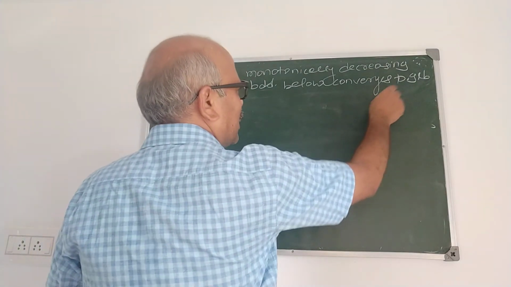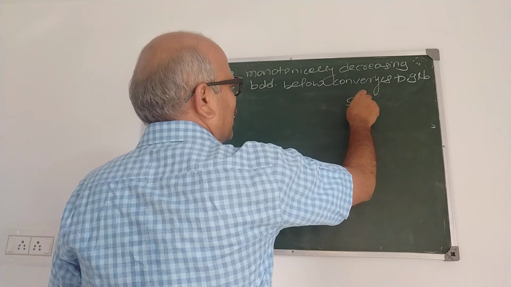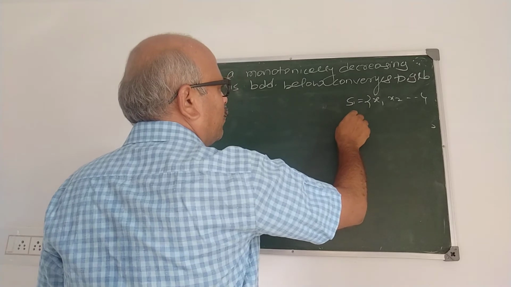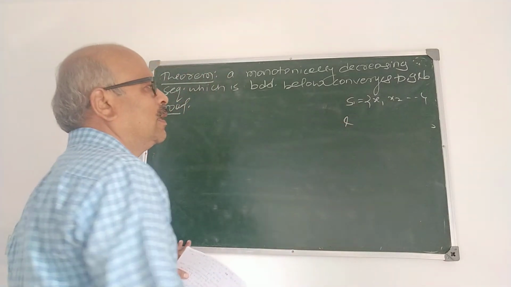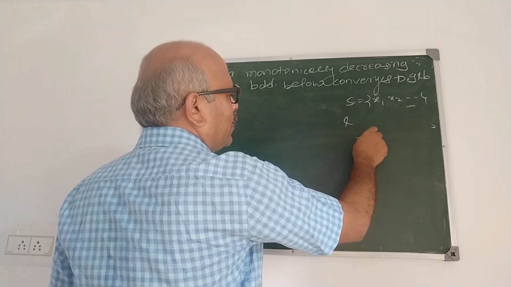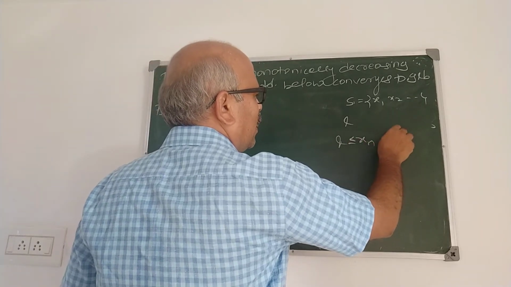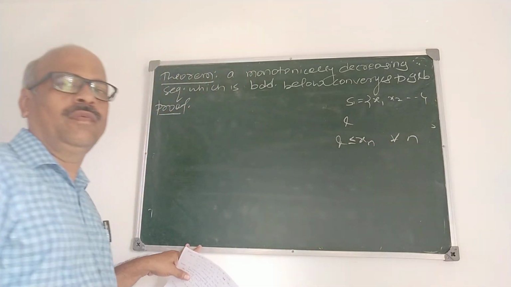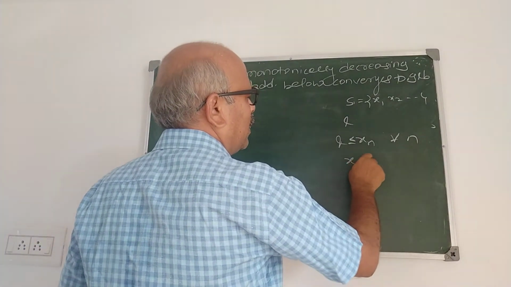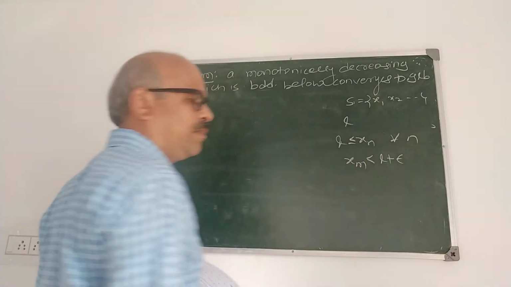Suppose S is a set consisting of x1, x2, etc. A number L is said to be the greatest lower bound of S if xn is greater than or equal to L for all n, and there exists one xm which is less than L plus epsilon.